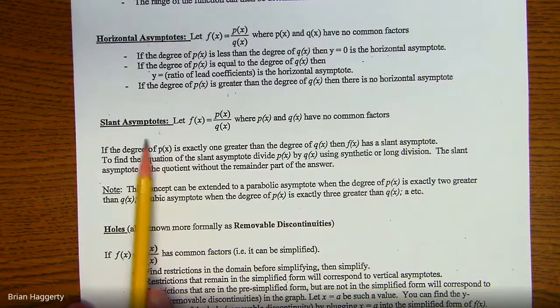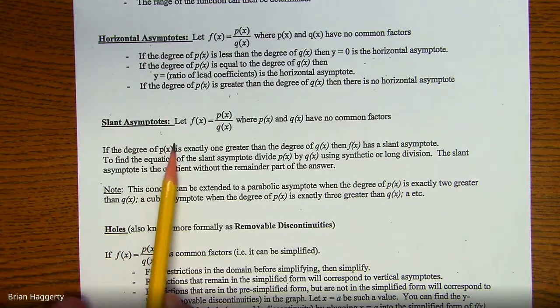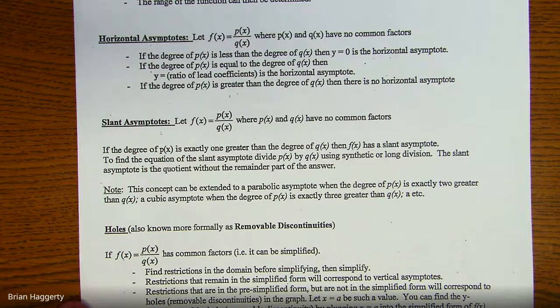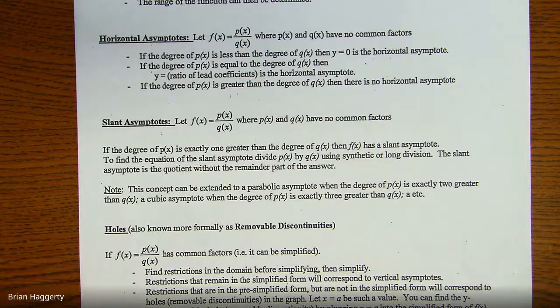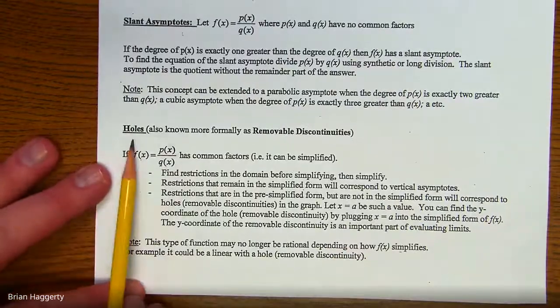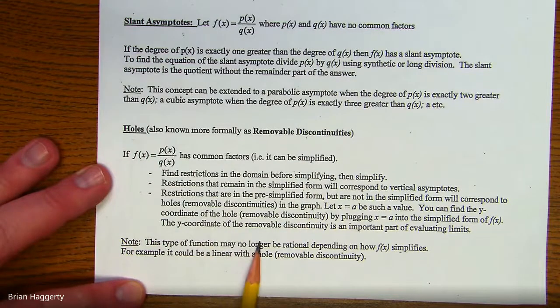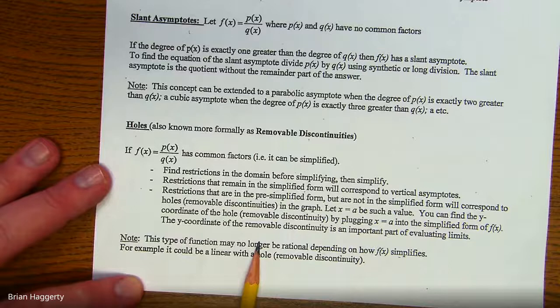Depending on who you had for Algebra 2, you may or may not have seen this. This talks about how you determine the equation for your slant asymptote. And lastly, sometimes your graphs have holes in them, which are more formally known as removable discontinuities. This talks about how you determine what they are.